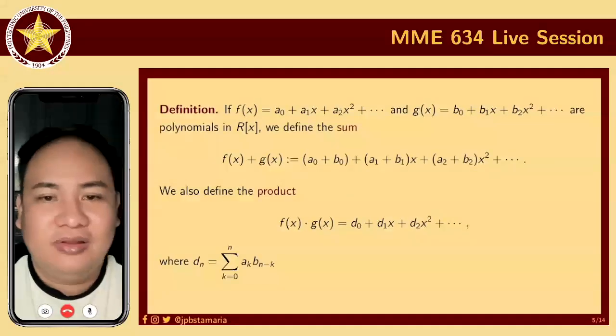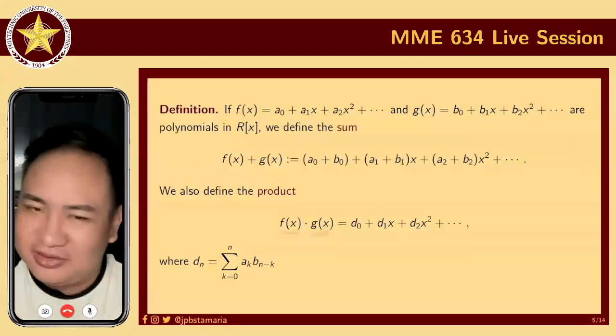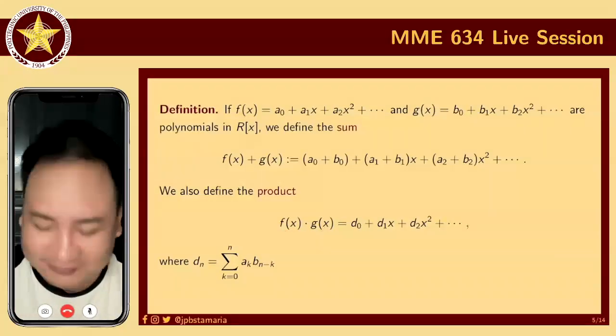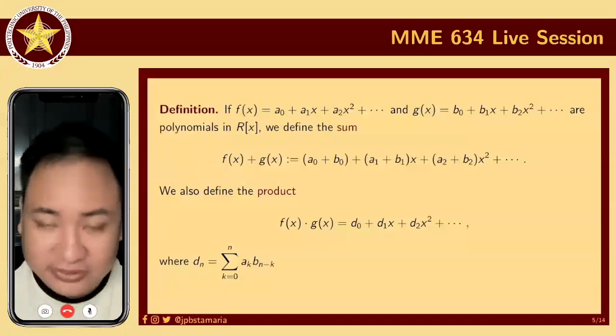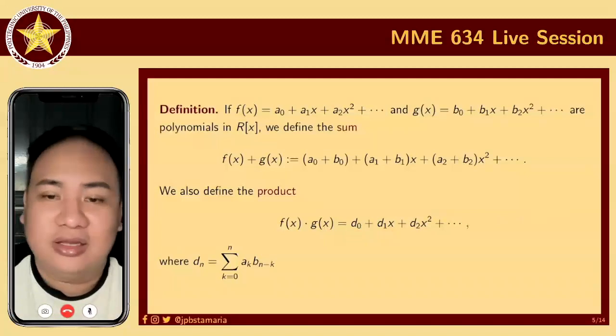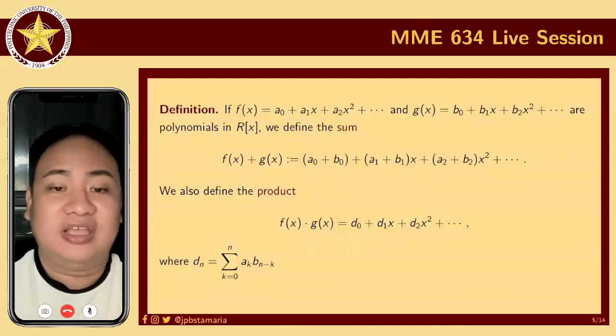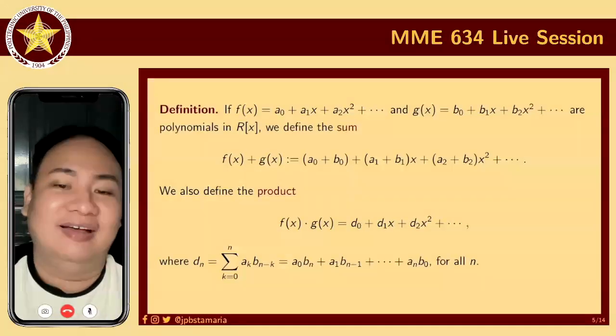We define the product of f and g, as you will see, ito lang din yung product na natutunan nyo dati, to be the polynomial with coefficients d0, d1, d2, and so on, where ang definition ng dn is the following sum. I-expand ko to para makita nyo ha. Ayan.